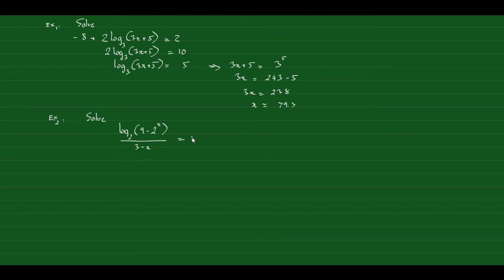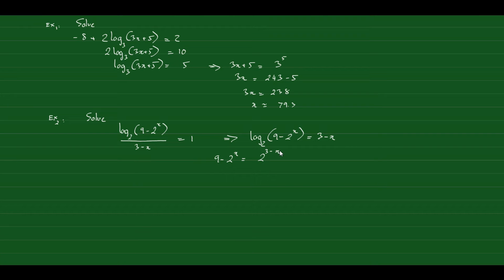We already have one log on the left hand side, so we need to isolate it. I'm going to multiply both sides by 3 minus x. So now we can apply the log principle. We need to kick this up. So you have 9 minus 2 to the x equal to 2 raised to the 3 minus x.